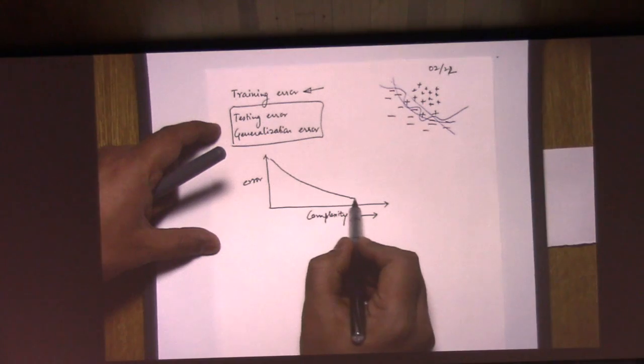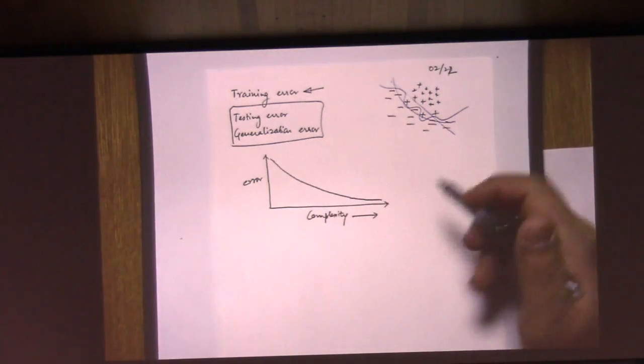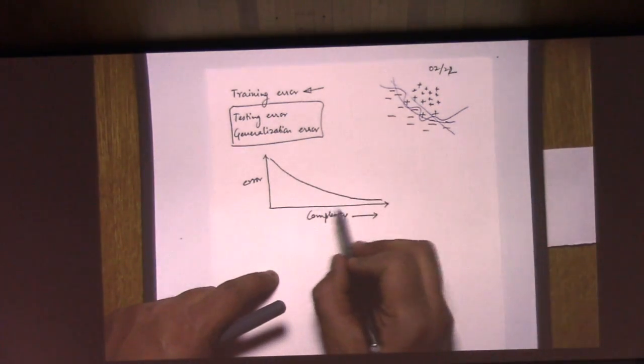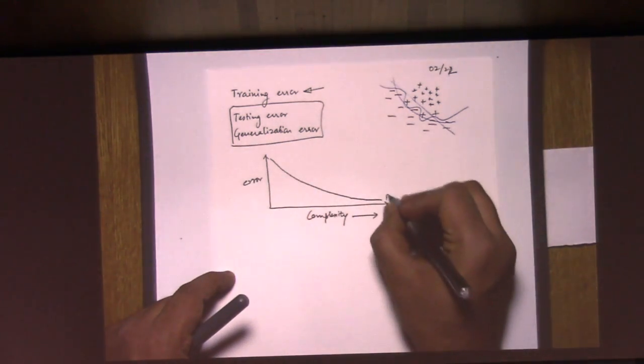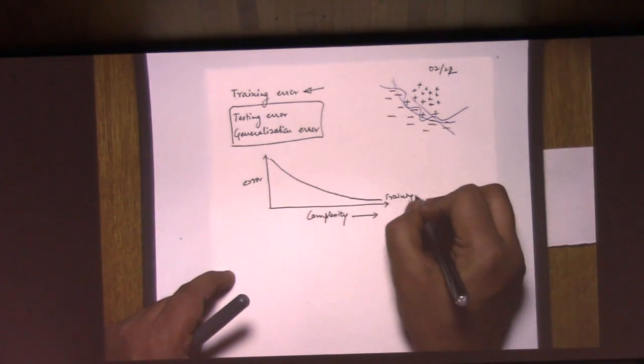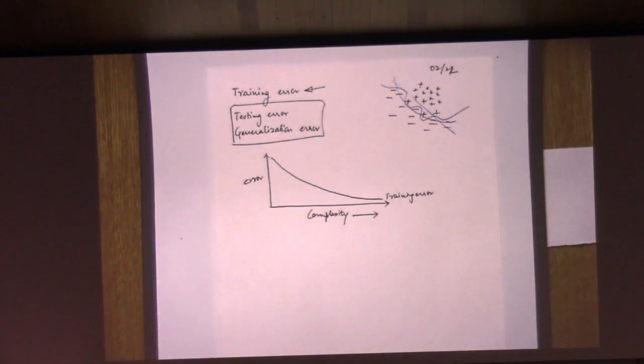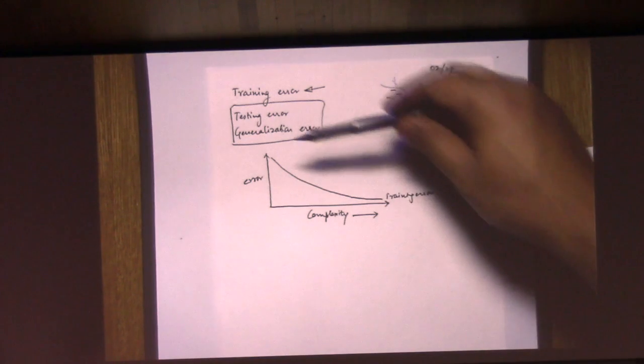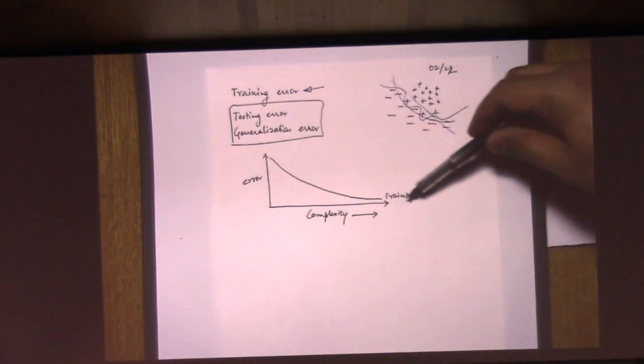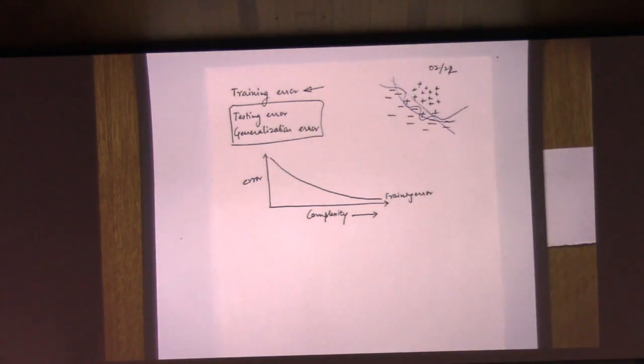The exact curve might be different, but that's the general behavior: as the complexity increases, the training error would go down. In fact, for neural networks, you can always come up with a neural network that would give you zero training error, which means that it will do perfectly on your training data. However, that's not what we want.